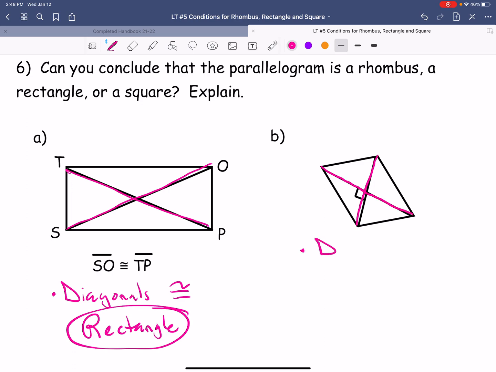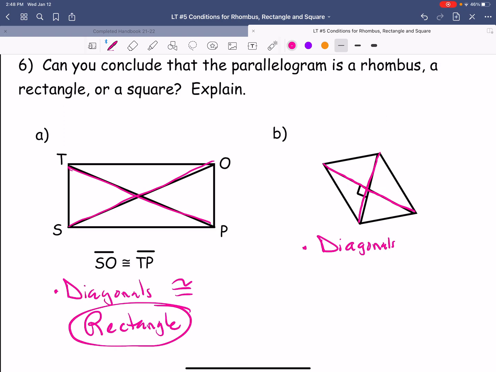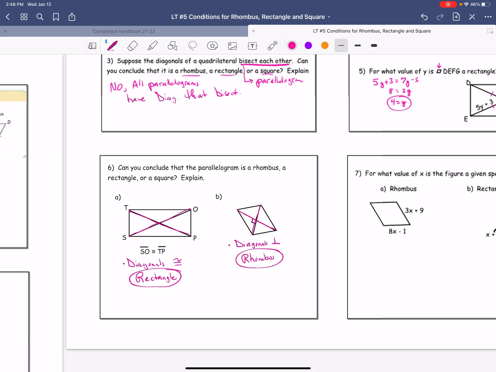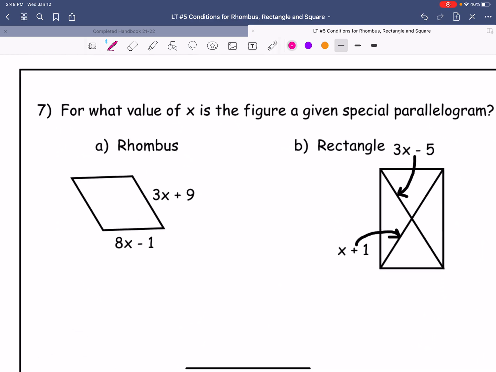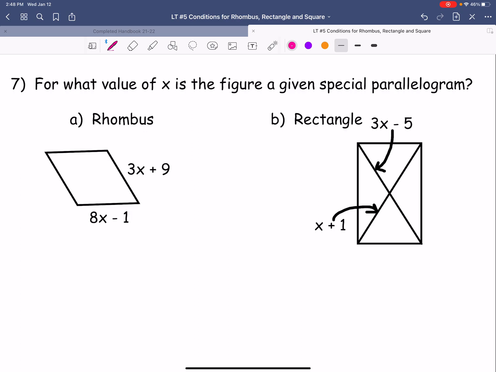So we have diagonals that are perpendicular. And because diagonals are perpendicular, we have a rhombus. That is a property of all rhombuses. Let's do number 7. Pause the movie, try these two on your own, and press play when you are finished.